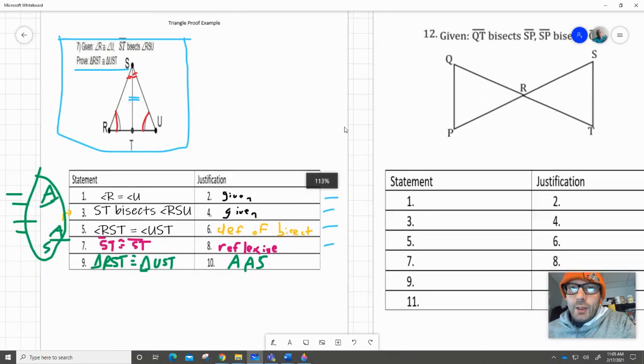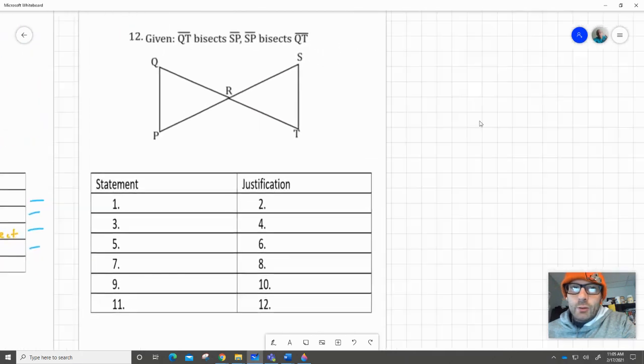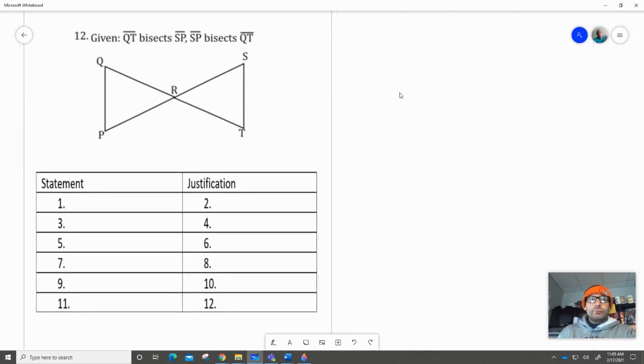Okay, so if we go on to this next one. All right, so here we have two givens. Our two givens are that QT bisects SP and SP bisects QT. I'm going to try to write that in here.